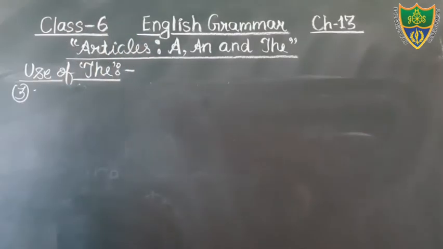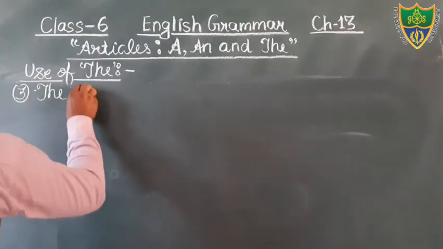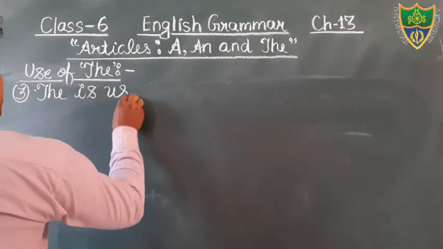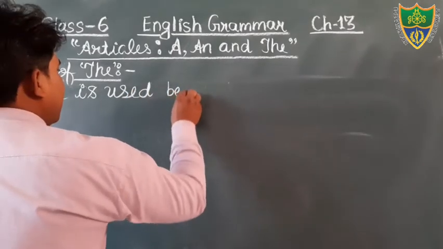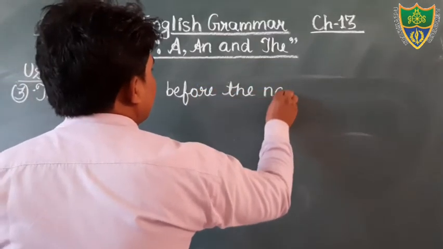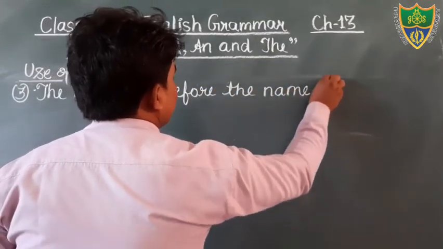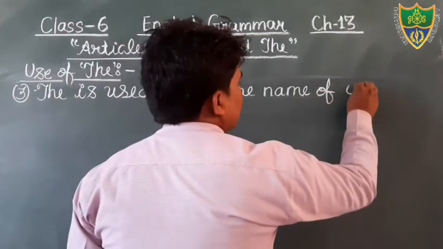Write down: the is used before the name of unique objects.